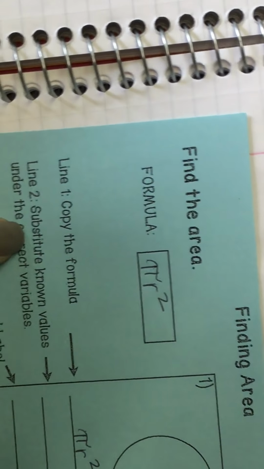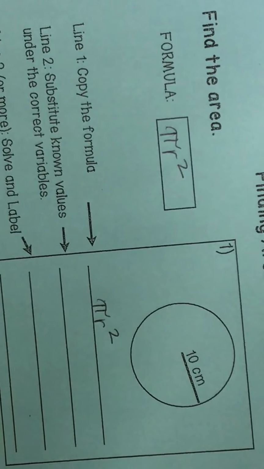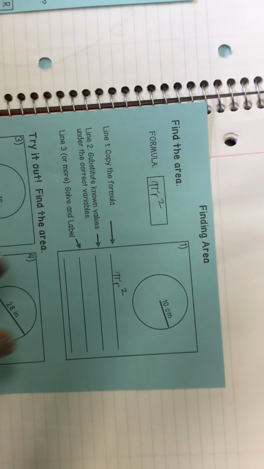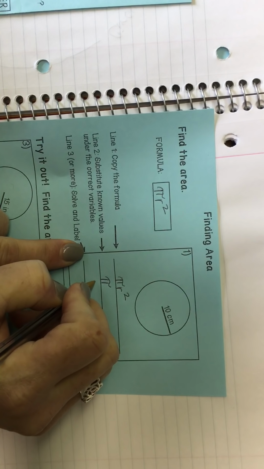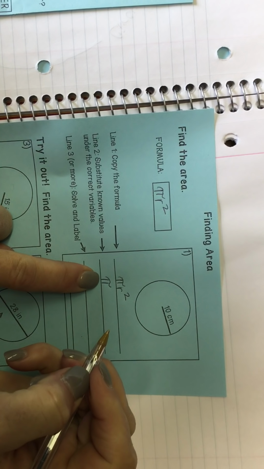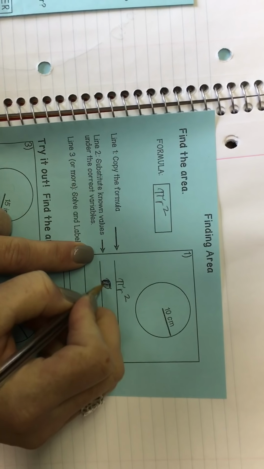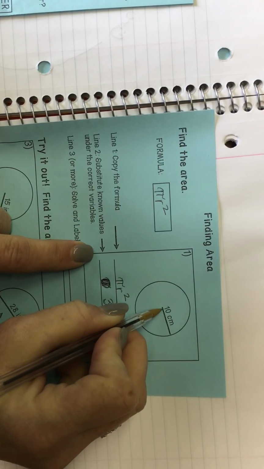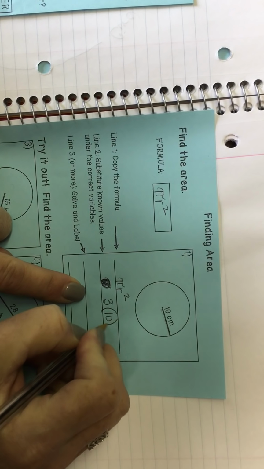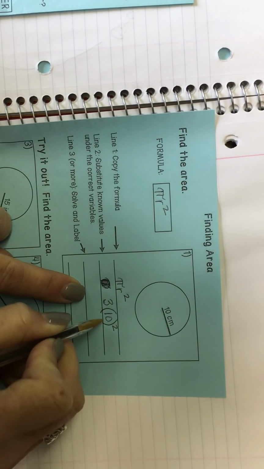So let's copy the formula, pi r squared. I'm going to substitute my known values. So I have pi. Do we know what pi is? Yeah, it's 3. So actually I shouldn't have even written that, huh? So 3 times, and what is my radius? 10. And I'm going to square that number.